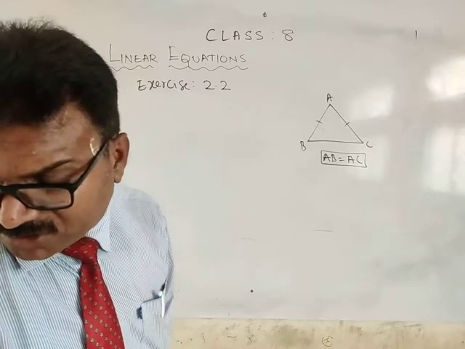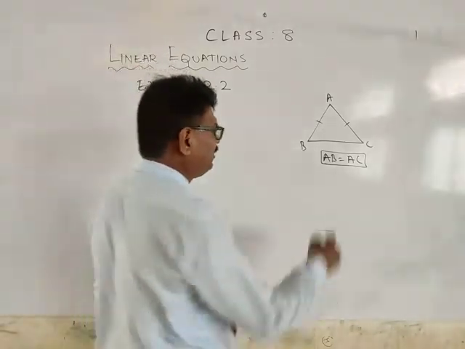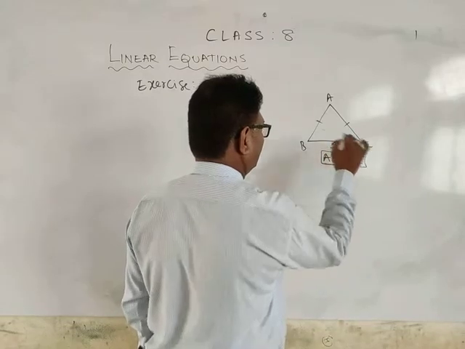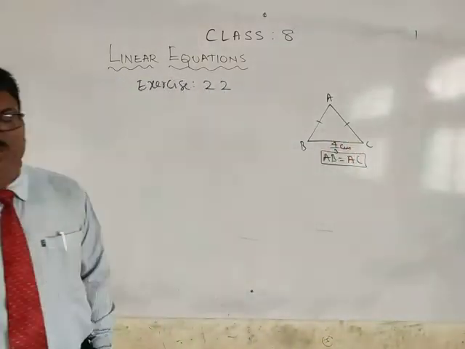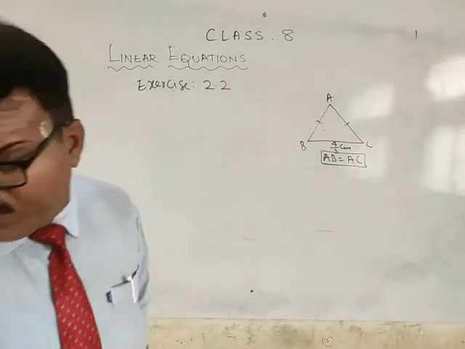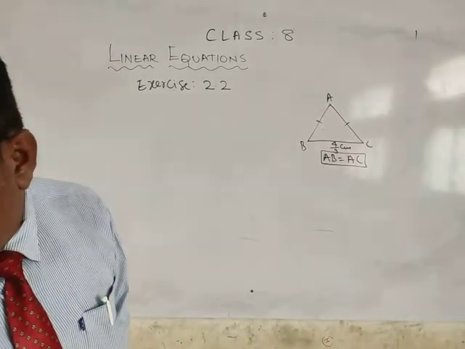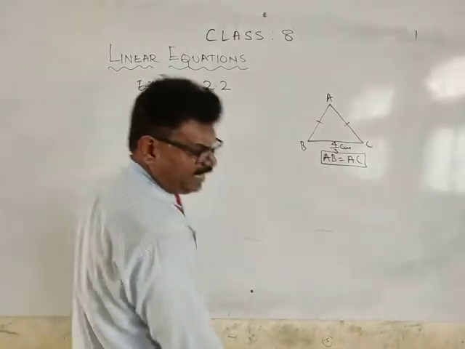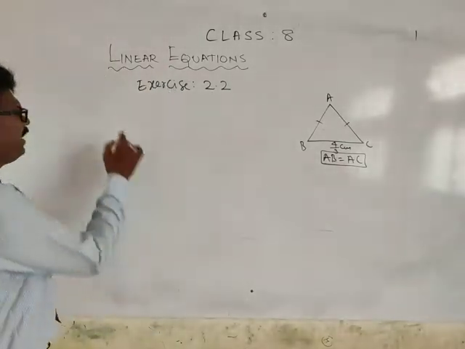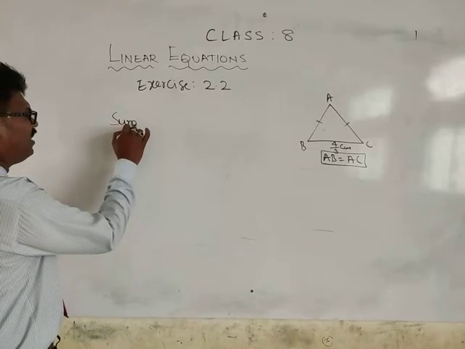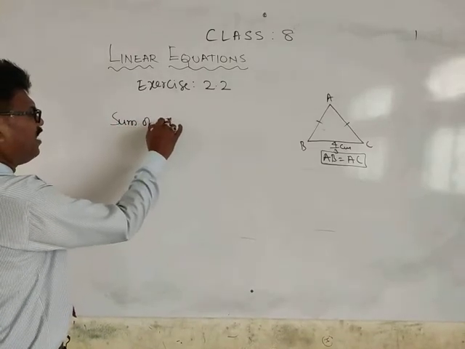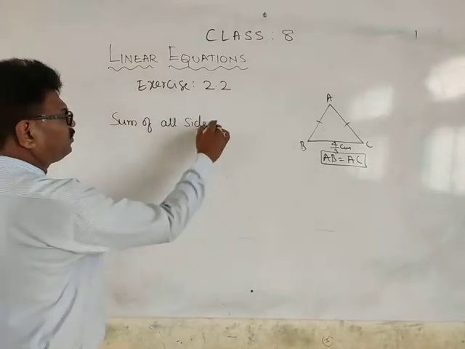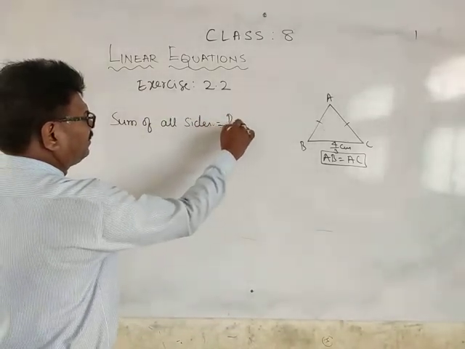The base of an isosceles triangle is 4 by 3 centimeters. Next, what happened? The perimeter of the triangle is. Do you know perimeter? Yes. Sum of all sides is equals to perimeter.